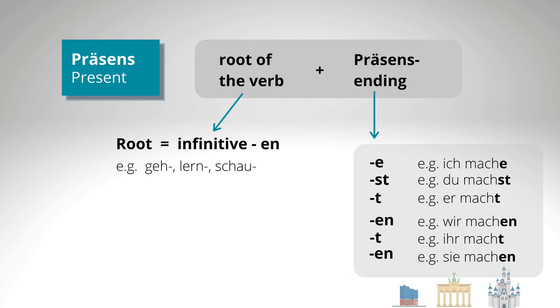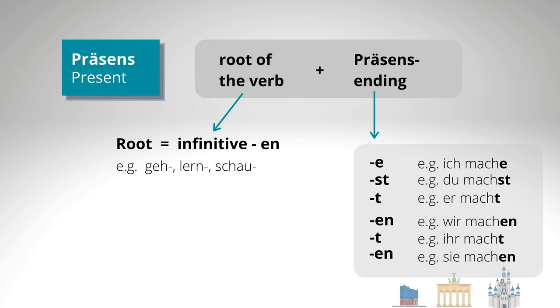We have the ending e for the first person singular, st for the second person singular, t for the third person singular, en for the first person plural, t for the second person plural, and finally again en for the third person plural. If we take the verb machen, for example, to make, we could conjugate it like this.